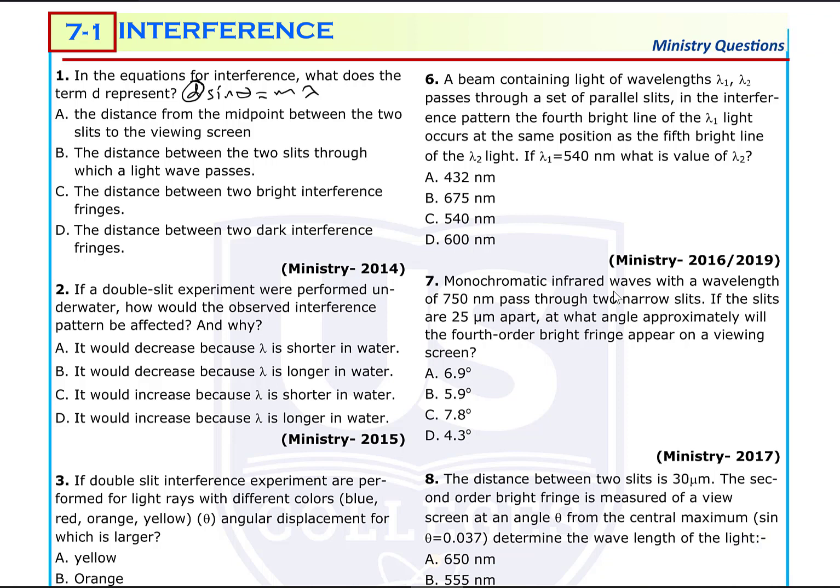The distance from the midpoint between the two slits? No, not this one. Distance between the two slits through which the light passes: this is the correct answer. Distance between two bright interference fringes? No. Distance between two dark? No. So this is the correct answer here.